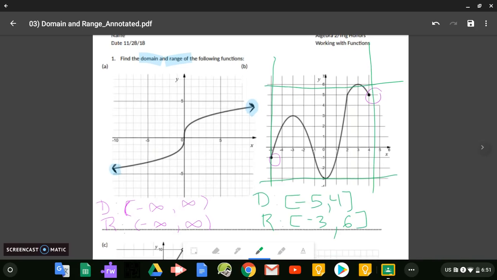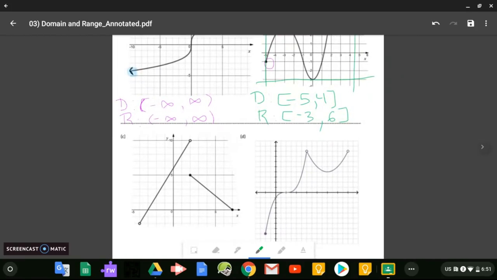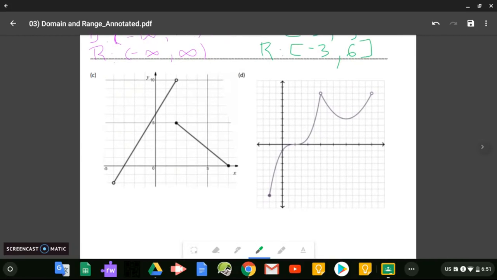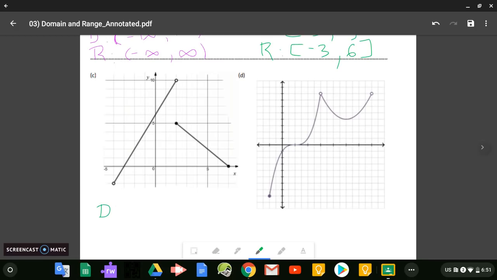Now, when we look at the next piece here, I don't know if you remember this from Algebra 1, but we actually call these piecewise functions because they're broken into two pieces. When we look at the domain for this question, if we box it out, the furthest we go in the x direction is -4.